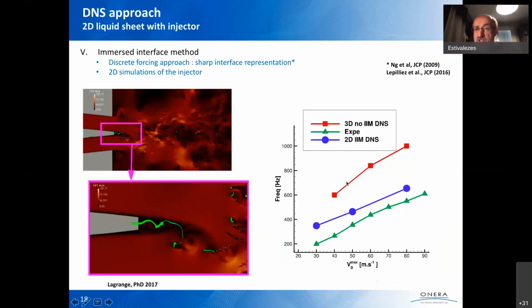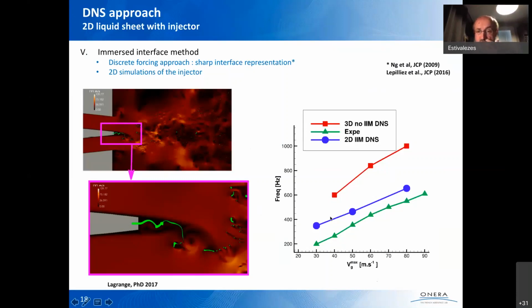In red, the 3D simulation without any immersed interface method, and here the 2D simulation with immersed interface method, and we can see that taking into account the geometry improves a lot the result, even if there is again some discrepancy between the experiment and the DNS.